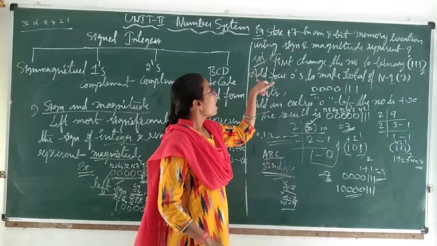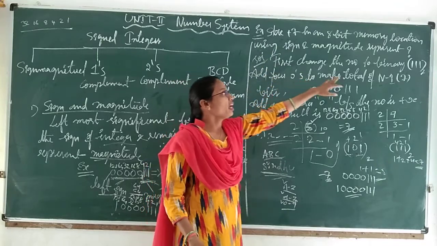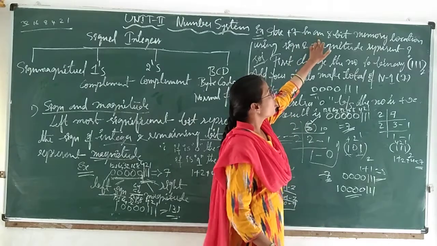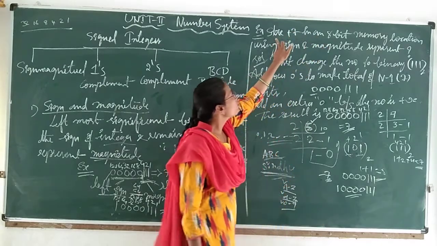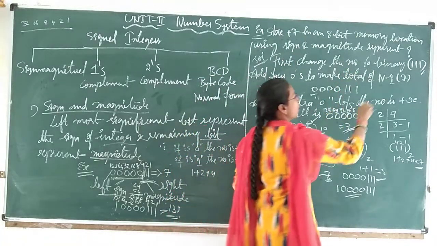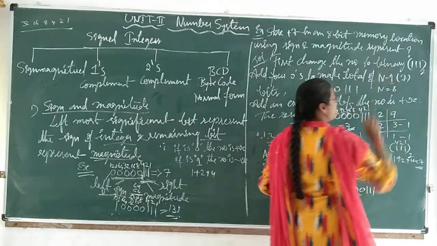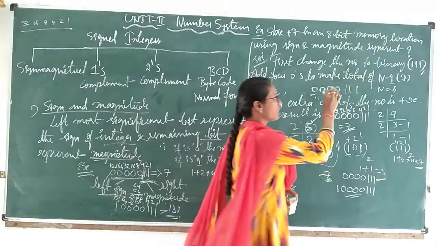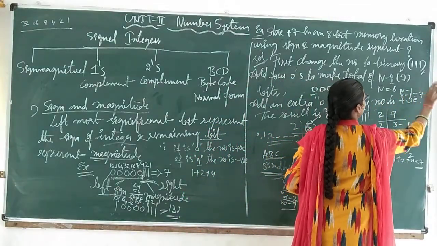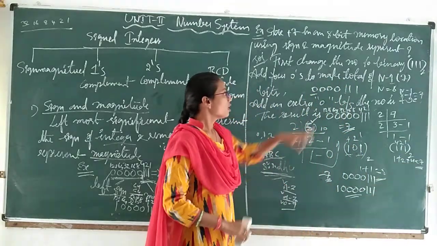Then add 4 zeros to make a total of n minus 1. In our question, we store +7 in an 8-bit memory location, so n equals 8. The condition is n minus 1, and 8 minus 1 equals 7.